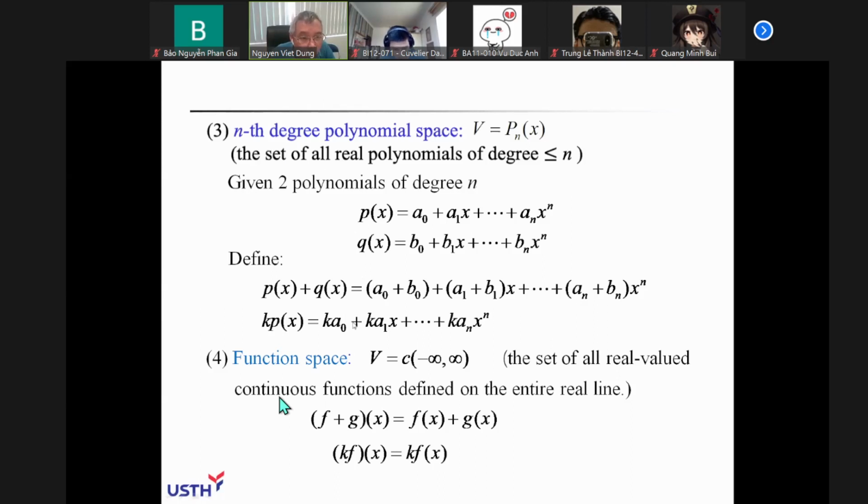So in both examples, number 3 and number 4, each element of the vector space is here a polynomial and here a continuous function, and it is no longer a geometric object. That is something else. However, because it is an element inside a vector space, it is a vector. It has a name, so vector.